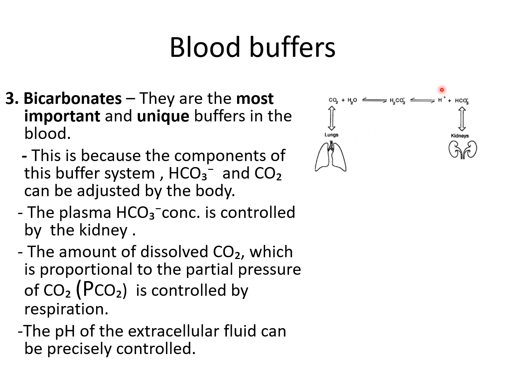Moreover, when there is addition of more and more acid or H plus in the blood, that H plus stimulates the respiratory center and increases the ventilation or rate of respiration, which causes exhalation of carbon dioxide, decreasing the PCO2. So that is how this bicarbonate buffer system precisely controls the pH of the body. It is very important and very unique.